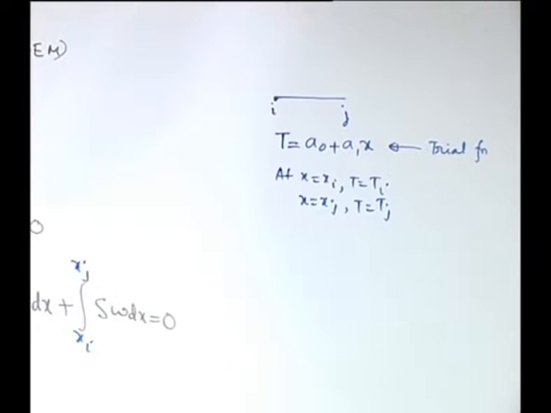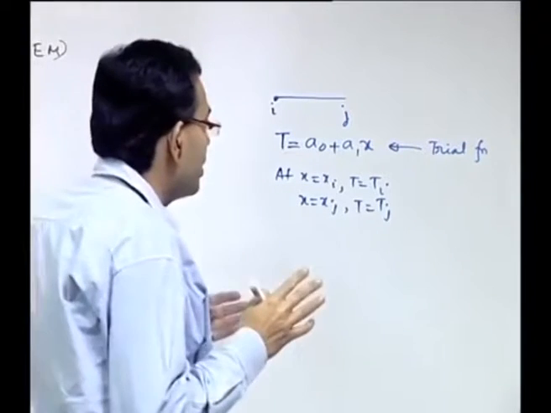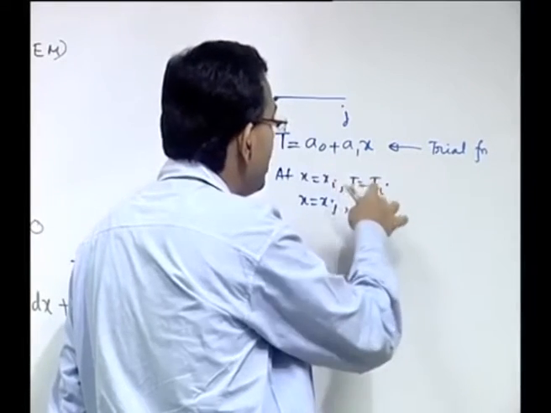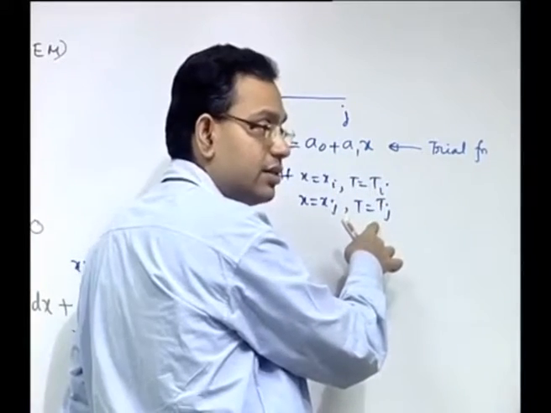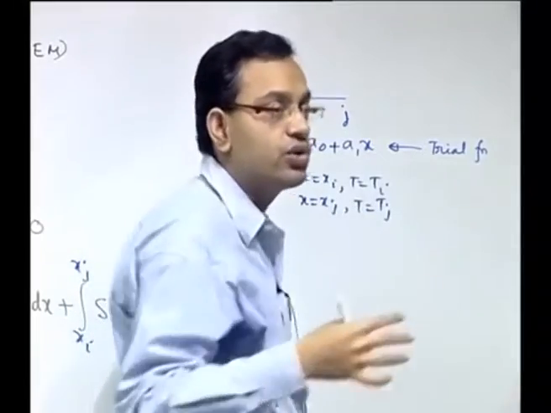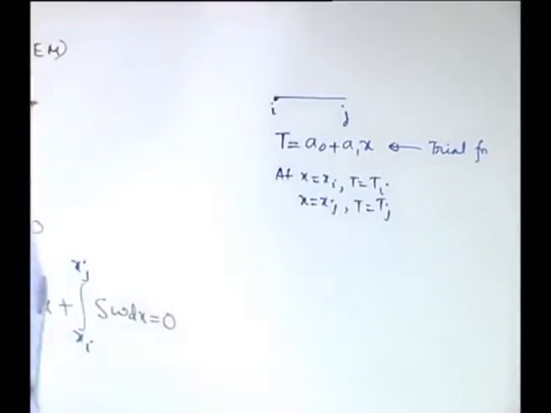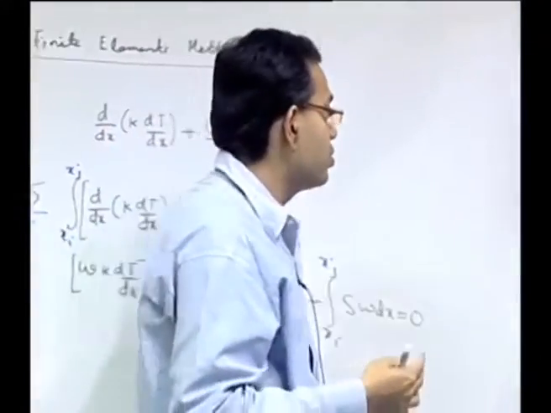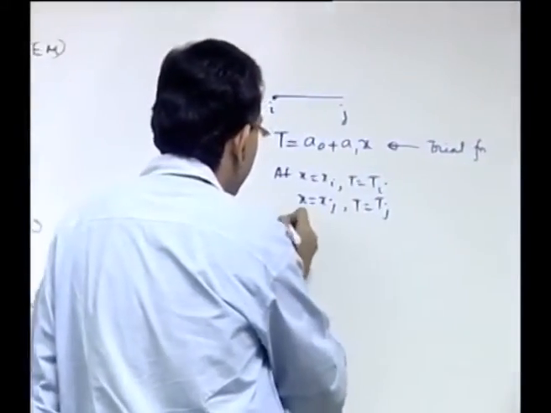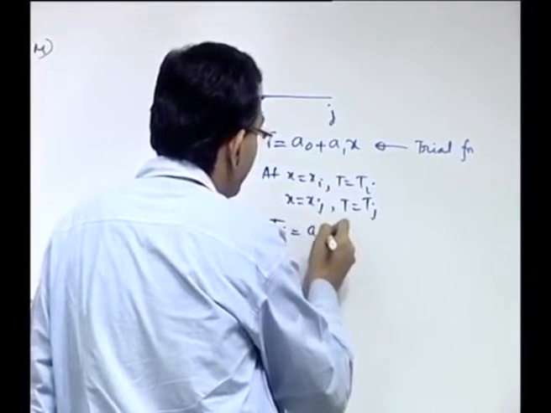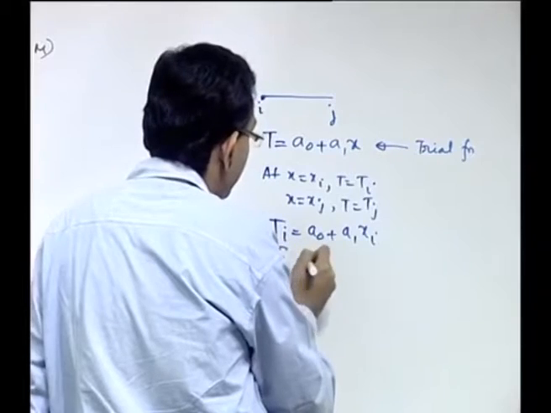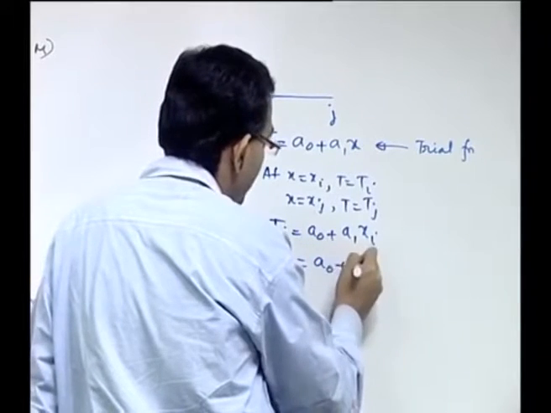So, it is physically much more interesting and intuitive if we express a0 and a1 in terms of Ti and Tj, because those are the unknowns that you need to solve and those directly relate to the physical variable that you are interested in. So, we can write Ti is equal to a0 plus a1 xi and Tj is equal to a0 plus a1 xj.